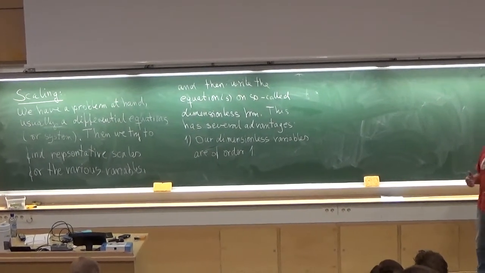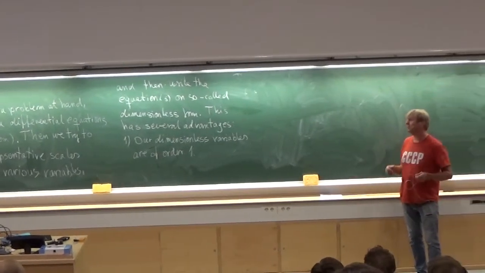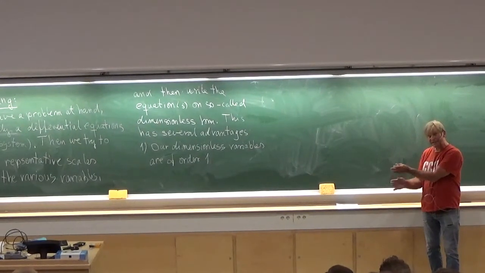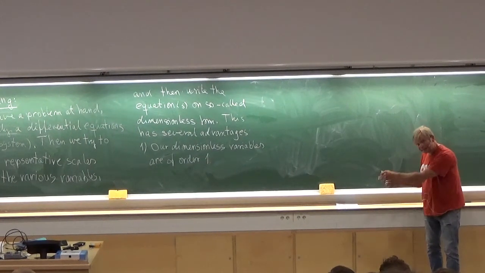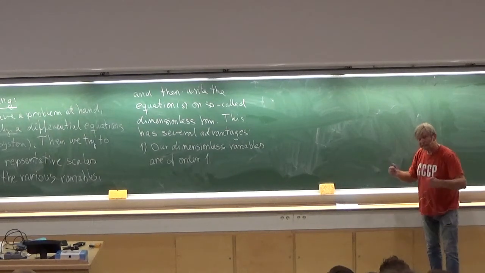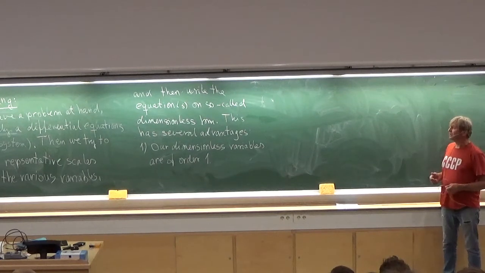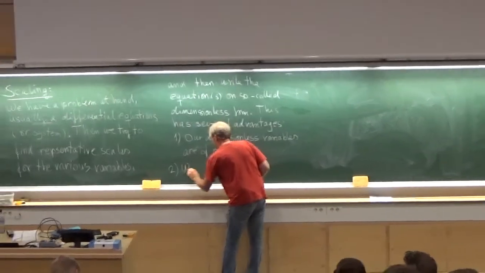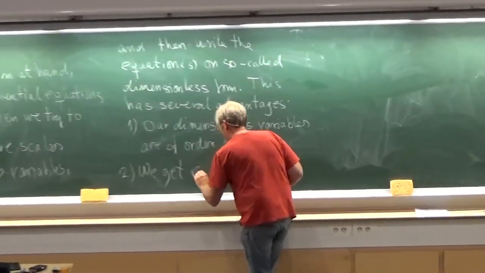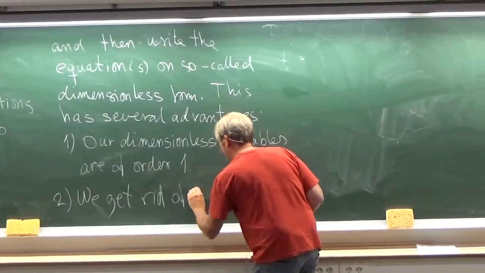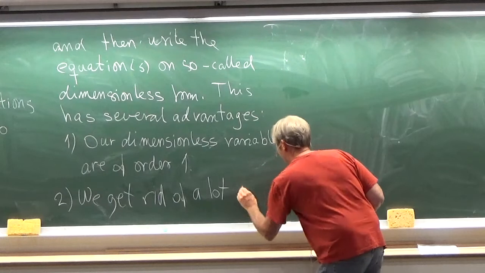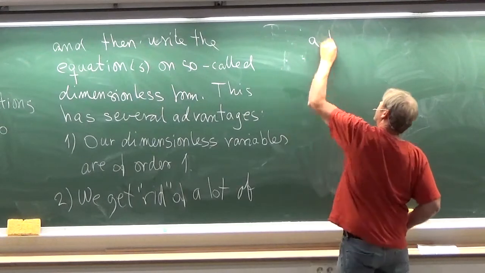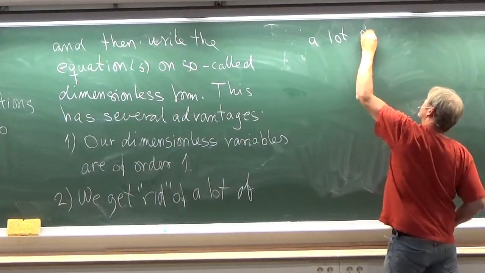Also the time, typically we scale time so that we choose a new time scale. So after one dimensionless time unit, typically things have happened, a significant change in the system. So they're kind of representative. Two, we get rid of a lot of physical constants.